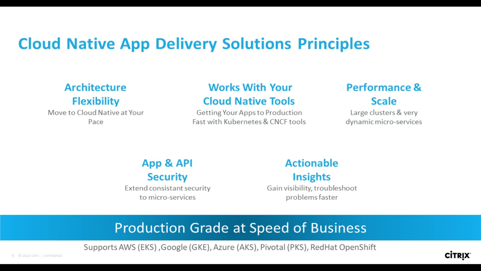So does your solution run on any of these platforms of your choice? And if you are thinking a multi-vendor or a multi-cloud strategy, does their solution support more than one cloud? So these are 7 big principles you have to consider, each one of them. And these principles also translate into the Citrix vision and execution strategy, so we can deliver all these 7 requirements for you.